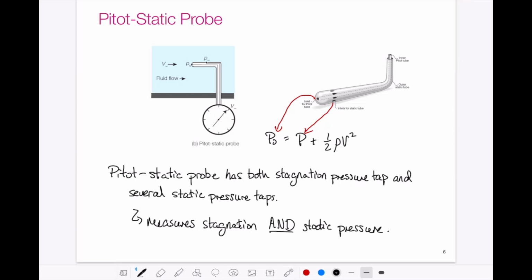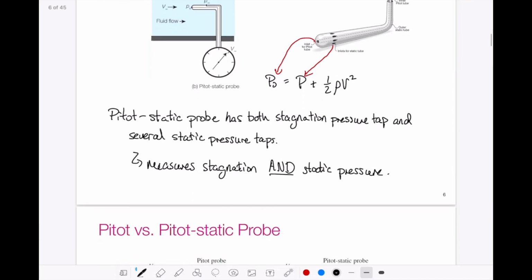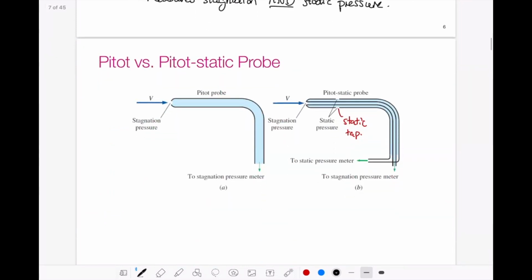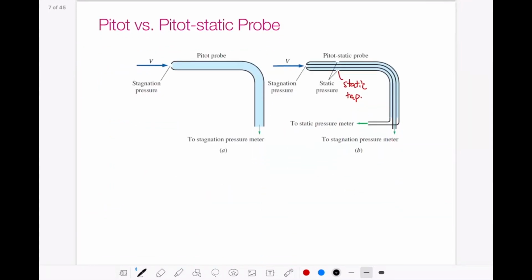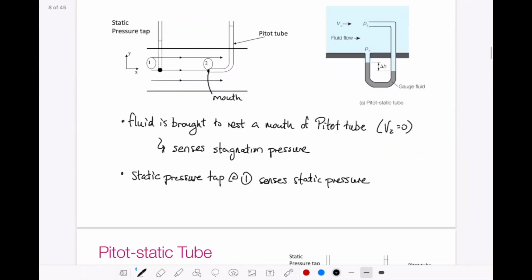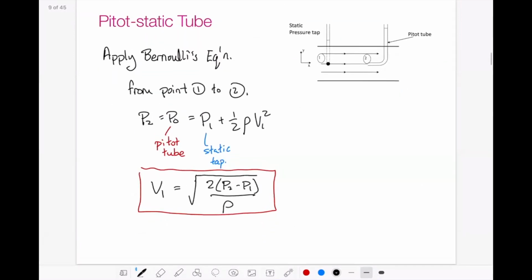And this is a common device that's on aircraft to calculate their airspeed. We rearranged to find the equation for the velocity of a fluid using a pitot-static tube.